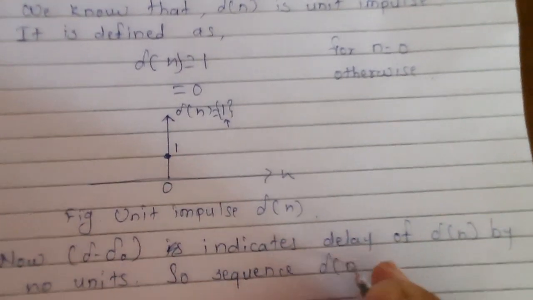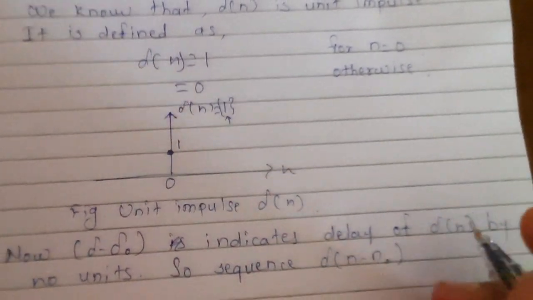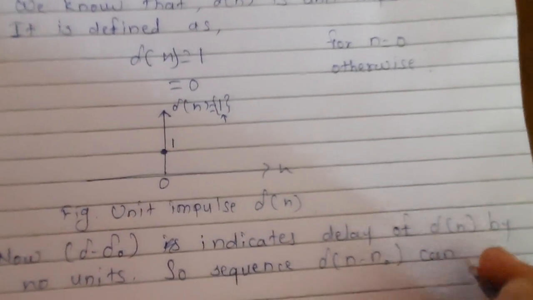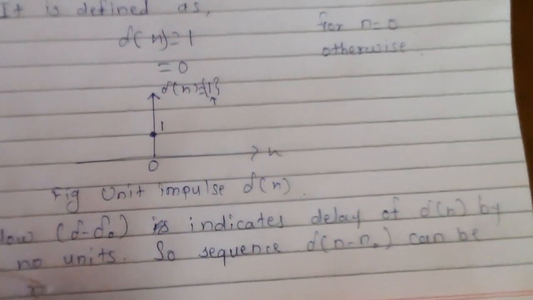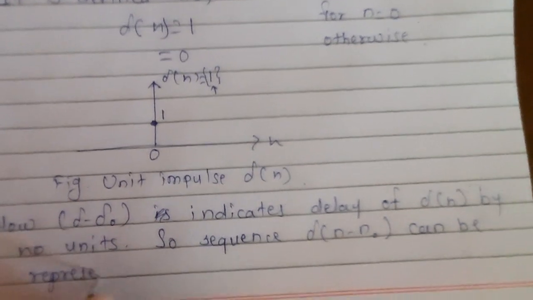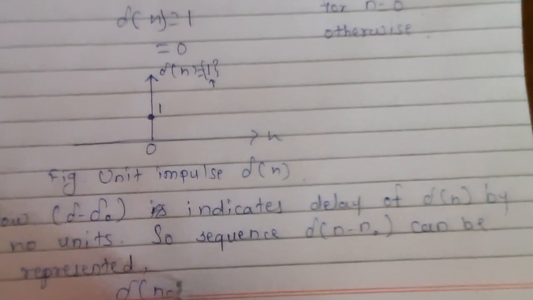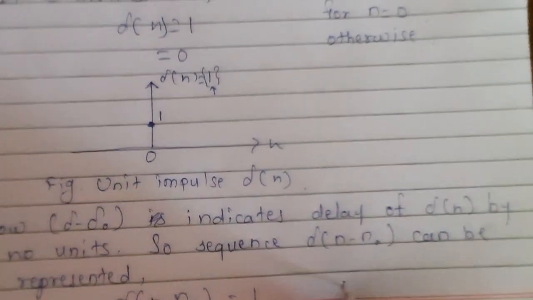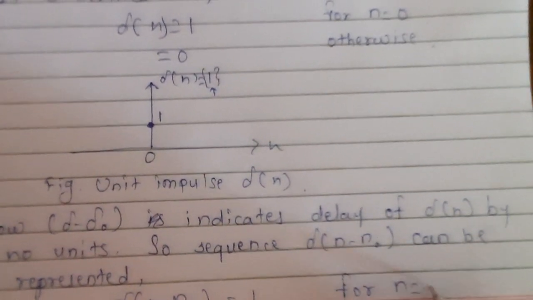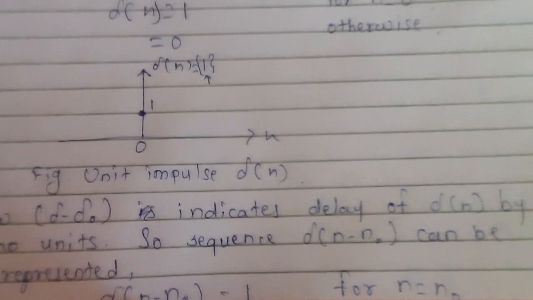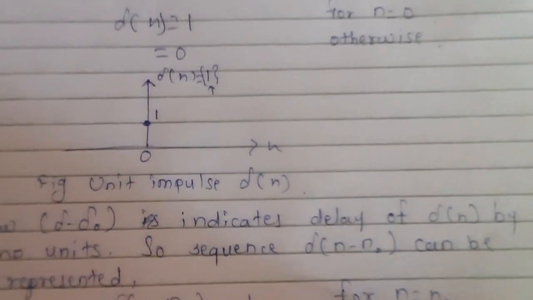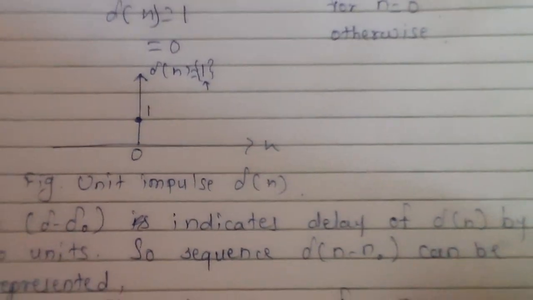So the sequence delta of n minus n0 can be represented as delta of n minus n0, its value is 1 for n equal to n0, and it is 0 for n not equal to n0, that is for all other values.